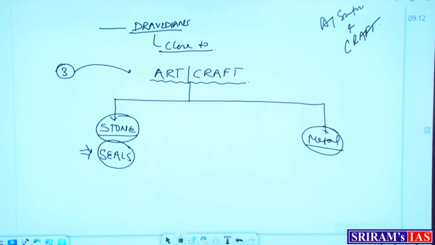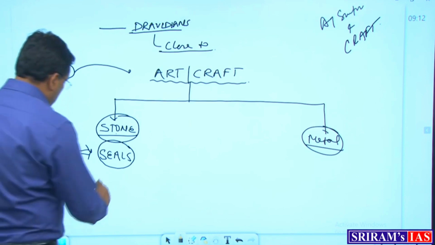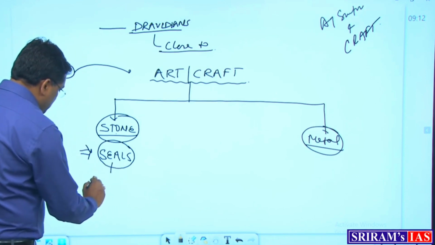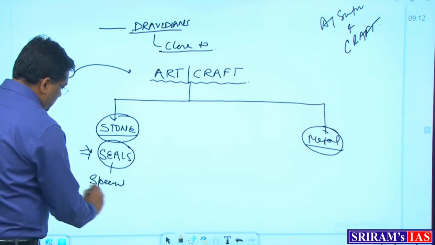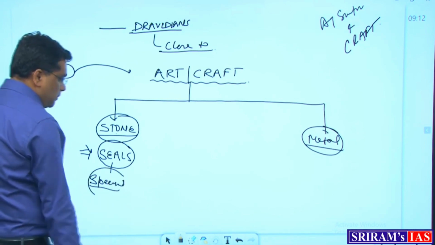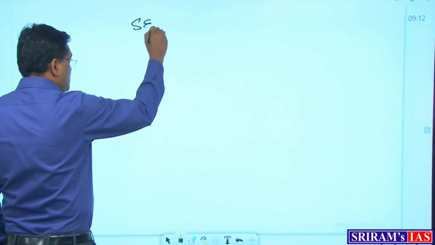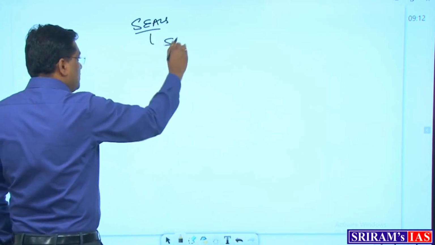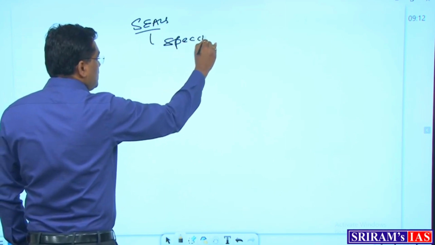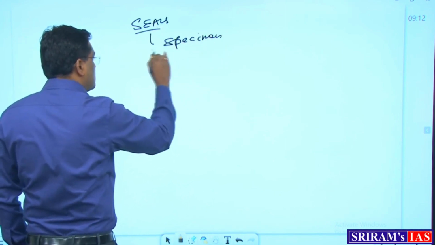So they constructed beautiful seals, and whenever it was pressed, a beautiful impression comes out. So seals were the best specimen of Harappan art.